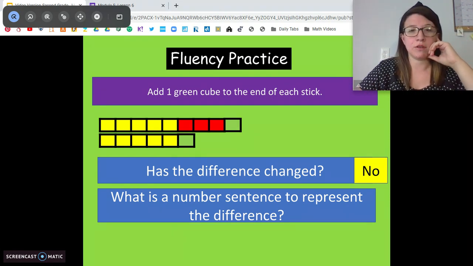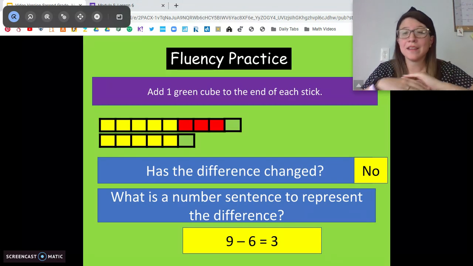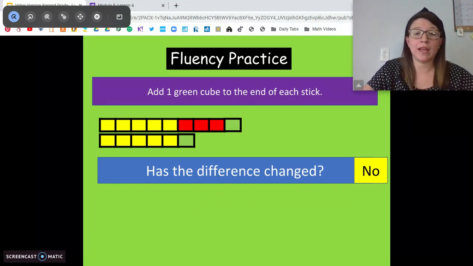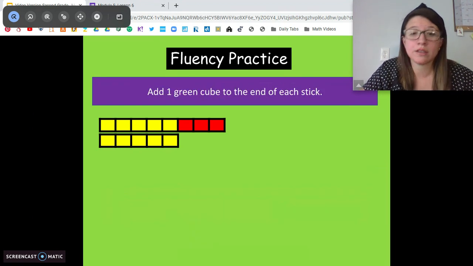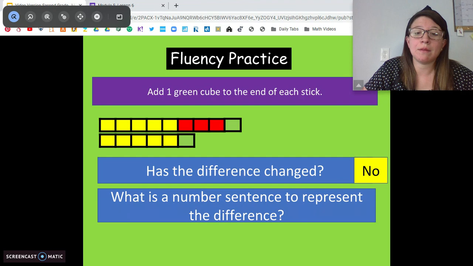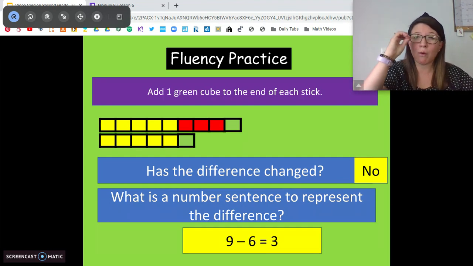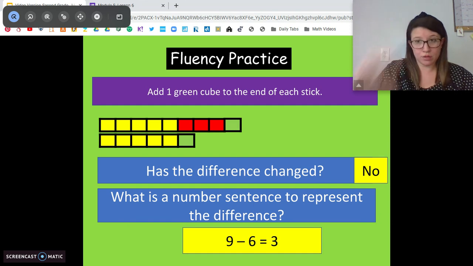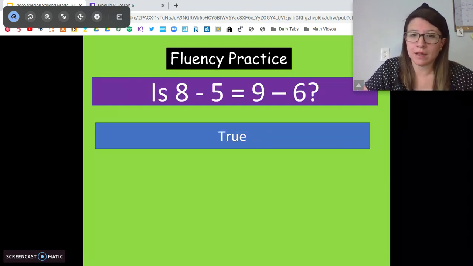It's going to be a little bit different. Good. It's going to be 9 minus 6 equals 3. The difference is the same. When we had this one here, we had 8 minus 5 equals 3. 3 is our difference. This one we have 9 minus 6 equals 3. 3 is still our difference because we added that 1 to both numbers. So 8 minus 5 equals 9 minus 6.